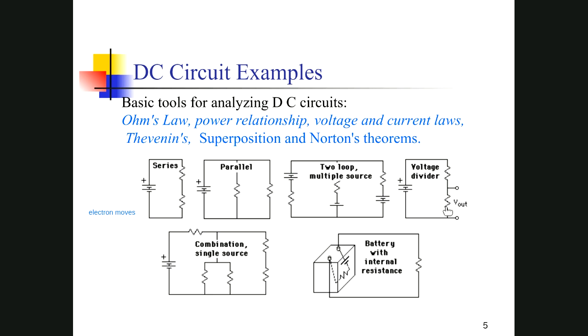Suppose the total voltage is 10 volts, and these two resistors are 1 ohm, 1 ohm. Then the voltage across this one is 5 volts, and the voltage across this one is 5 volts. So you have got 5 volts out from these two terminals.